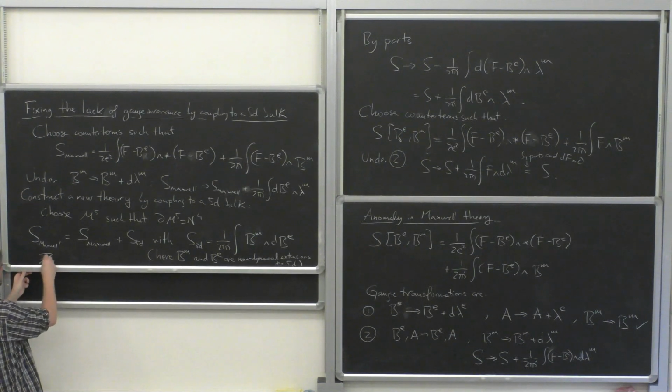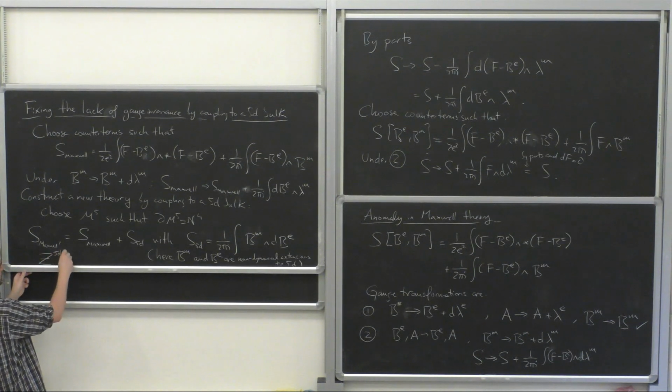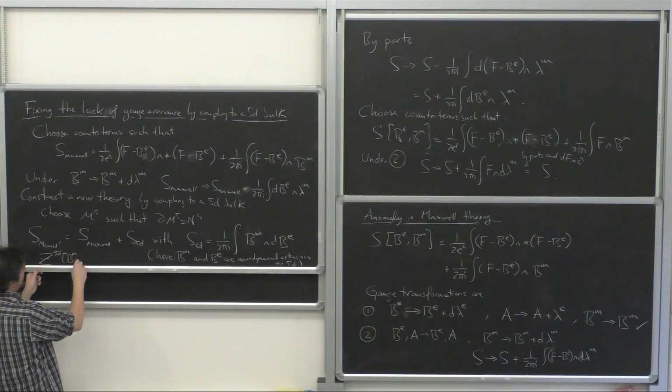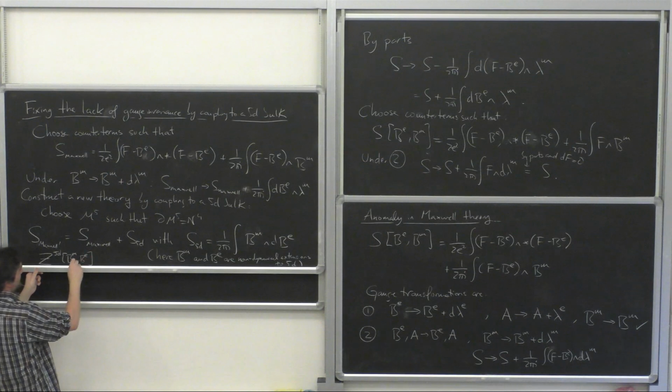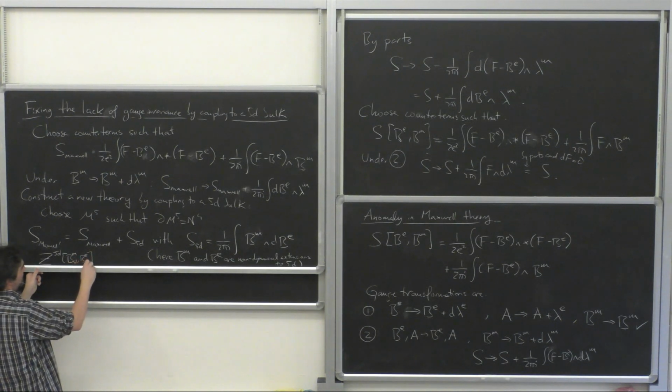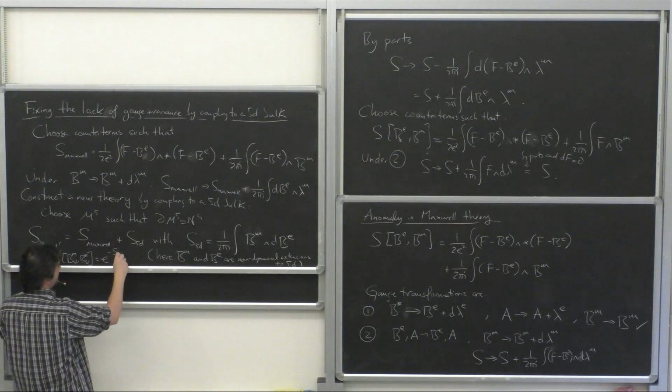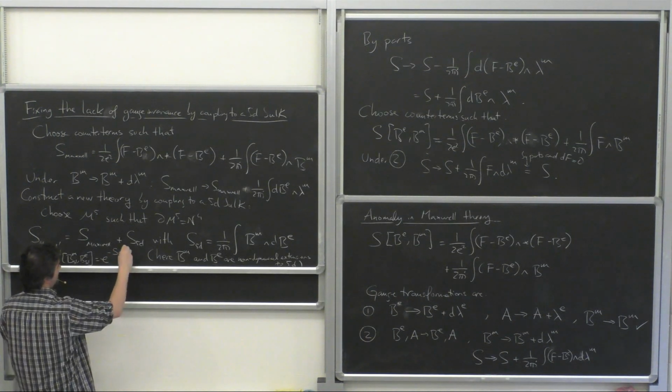So if you want the partition function of the 5D theory, it depends on the backgrounds, B_M and B, or these extensions of the backgrounds. Let me put 5D here to make that clear. And then it's just e to the minus S_5D for these backgrounds.